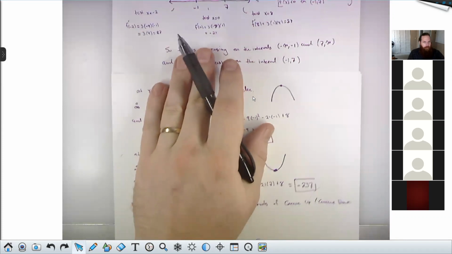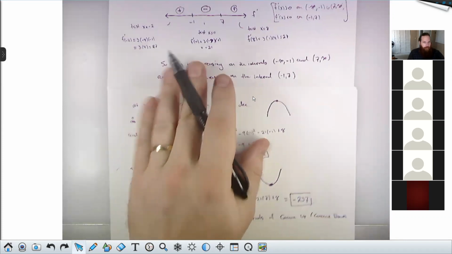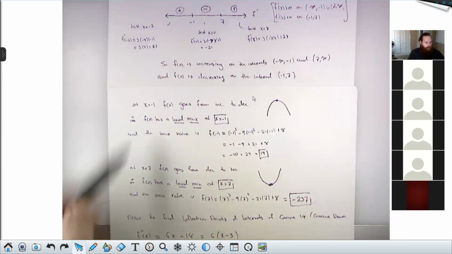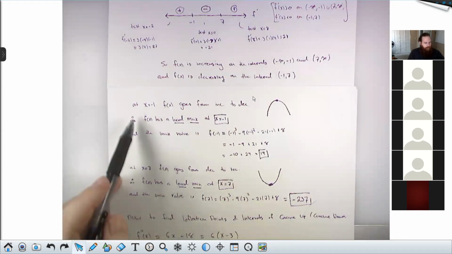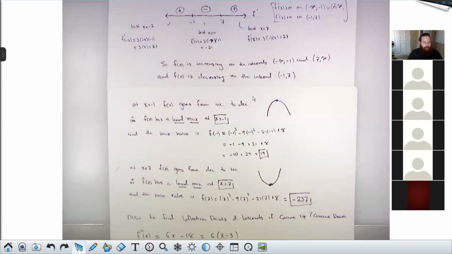Then we came to this stuff for the local mins and maxes. These critical numbers where f prime changes sign are places where f goes from increasing to decreasing or from decreasing to increasing. So those had to be local maxes and local mins.